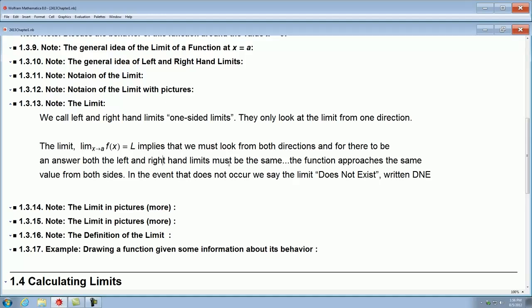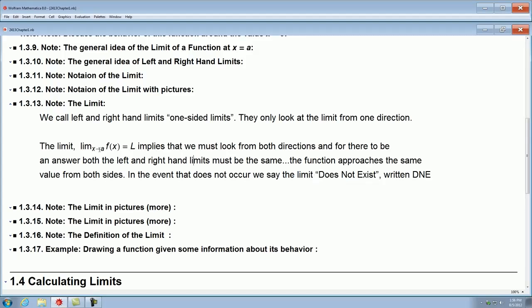The function approaches the same value from both sides. In the event that the left and right hand limits do not equal the same thing, we will say that limit does not exist, and we will just write DNE to represent does not exist.